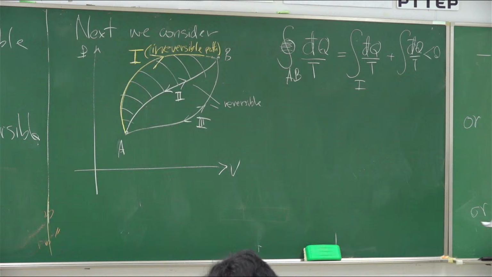Because you have to remember we defined here the entropy change from the feature that we consider the reversible process. And this is the reason why we need this bit in order to define the entropy change between the 2 points. So I would say the entropy change is greater than this, right? That is the thing that we get.